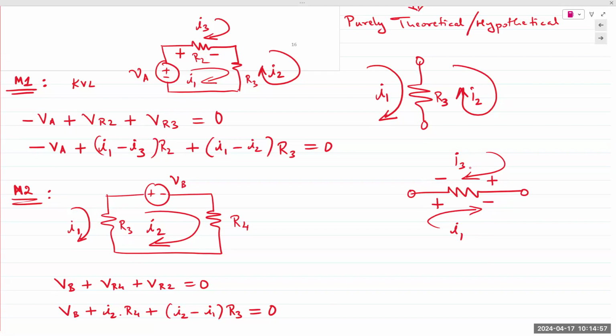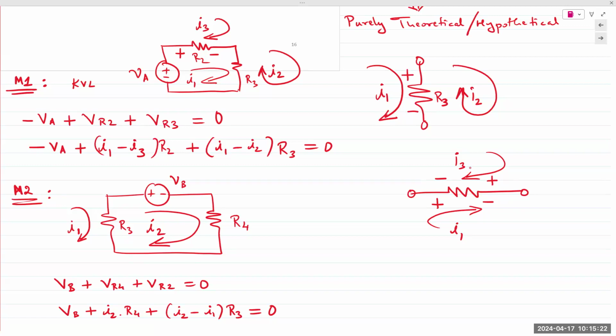So let's take a look at R3. We have R3 up top. The hypothetical voltage that would appear across R3 due to the hypothetical mesh current I1 would have a plus at the top and minus at the bottom. Make sense? Point of entry is always positive, point of exit is negative.